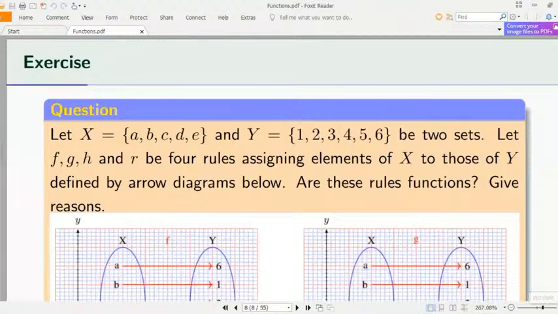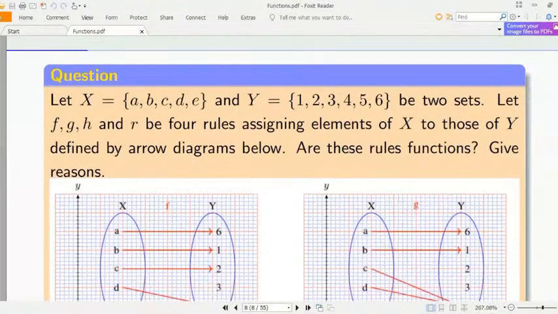Then after that you have this exercise. Attempt this exercise, and question 1 is here. What does question 1 say? X and Y are sets, X consisting of 1, 2, 3, 4, 5, and 6. Let f and g be those of y defined by arrow diagrams.